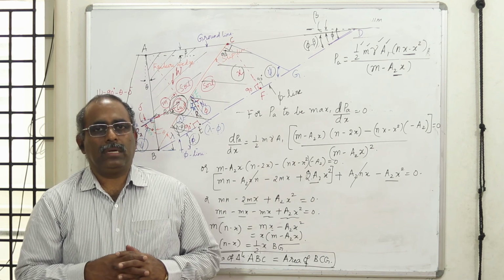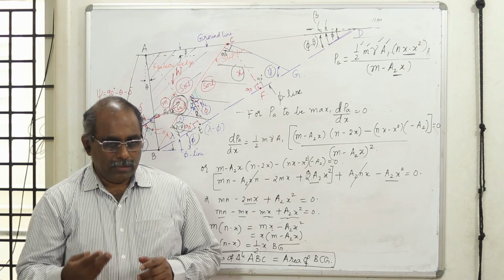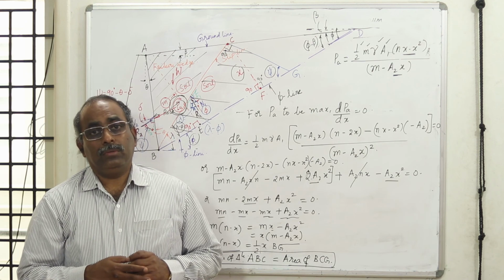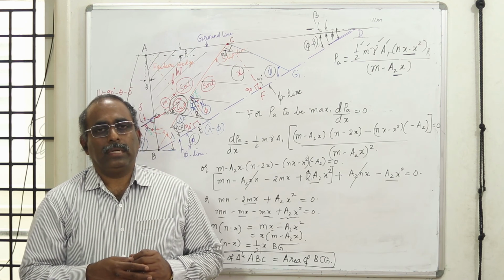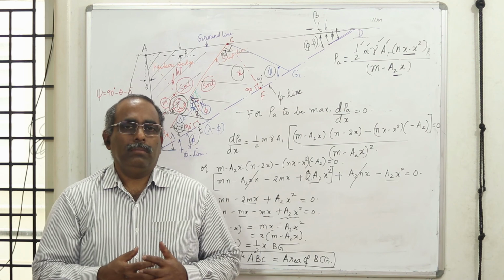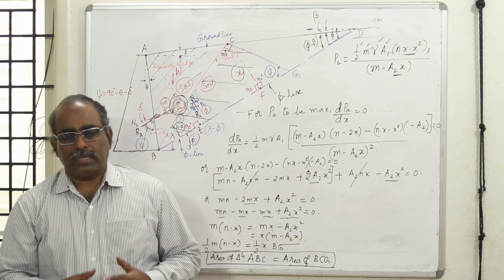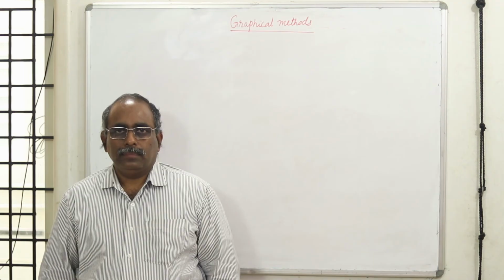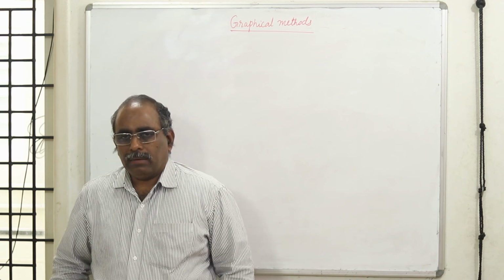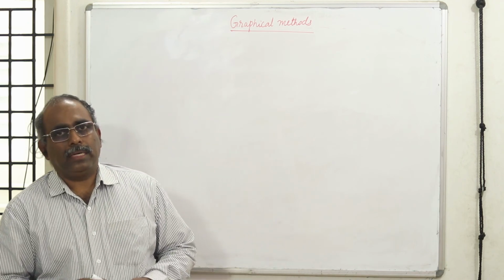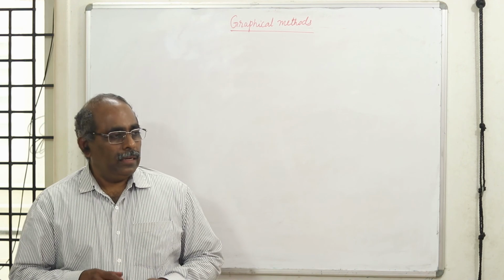They are very interesting numerical examples. We will also work out some numerical examples and understand how beautifully you can find out the thrust graphically. Students, we have seen analytical methods, namely Rankine's theory and Coulomb's wedge theory.